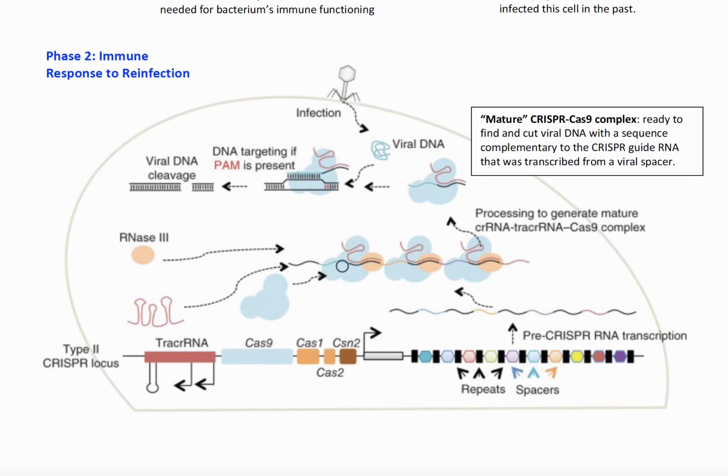Cas9 is one of the CRISPR-associated proteins, and it is the protein that is designed to chop a viral DNA if it reinfects the cell.